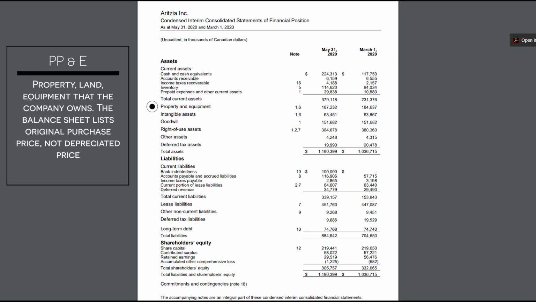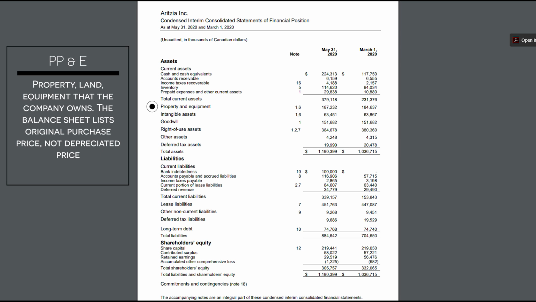With property, plant, and equipment, if you're a homeowner right now, yes, you could sell your home or a piece of property quickly, but it's not an absolute guarantee. So PP&E is not listed as a current asset because it is not as liquid as something like inventory, accounts receivable, or physical cash. PP&E consists of land, buildings, equipment, even stuff like office furniture.